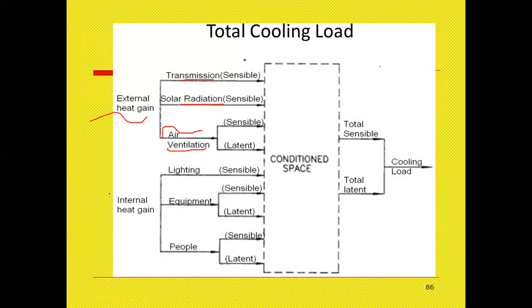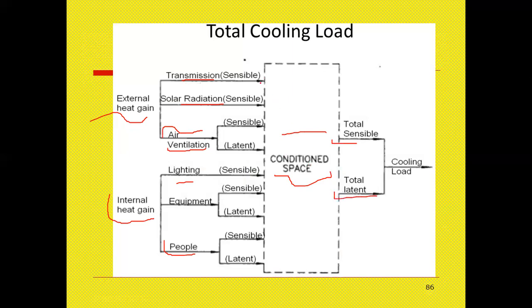Coming to the internal heat gain process, internally we are using lighting, that is sensible heat. Next, the other equipment you are using in the room, that is sensible and latent, and the occupants, that is the number of people in the room, right? Next, the conditioned space for this boundary is the rectangle. Therefore, we have to see the total sensible heat and the total latent heat.